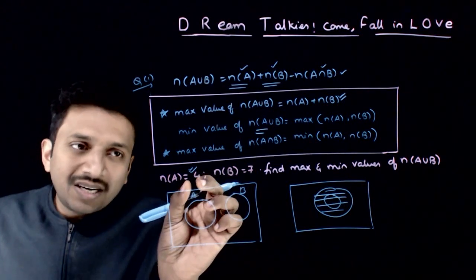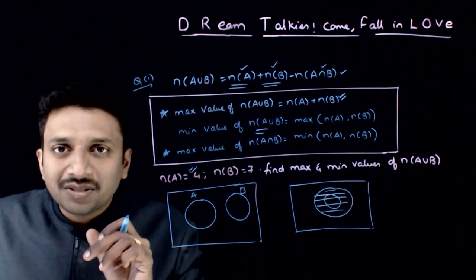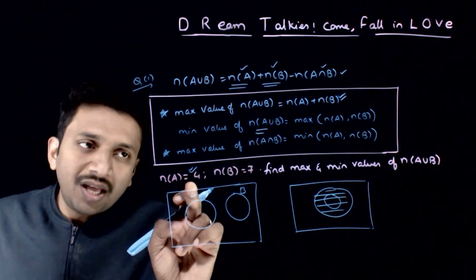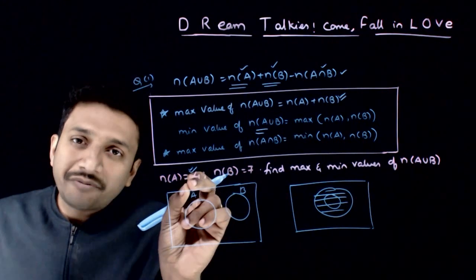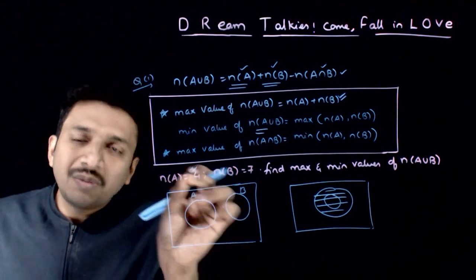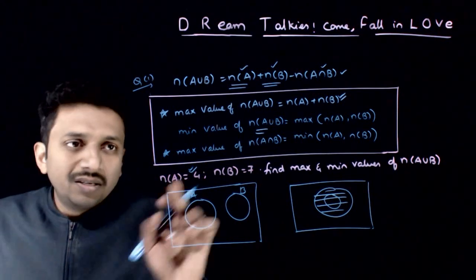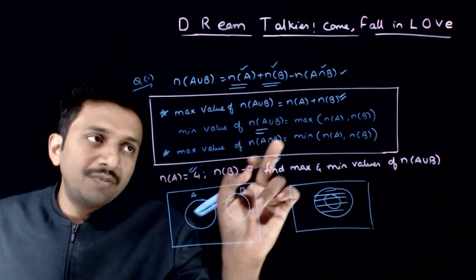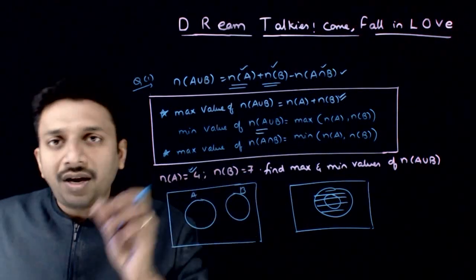Because the first set has 4 elements and the second set has 7 elements, there cannot be more than 4 common elements. If all the elements of A are also present in B, then you have all the 4 common elements, so n of A intersection B will be maximum, equal to 4. I hope you understood this concept. Maximum value of n of A intersection B is the minimum of n of A and n of B.